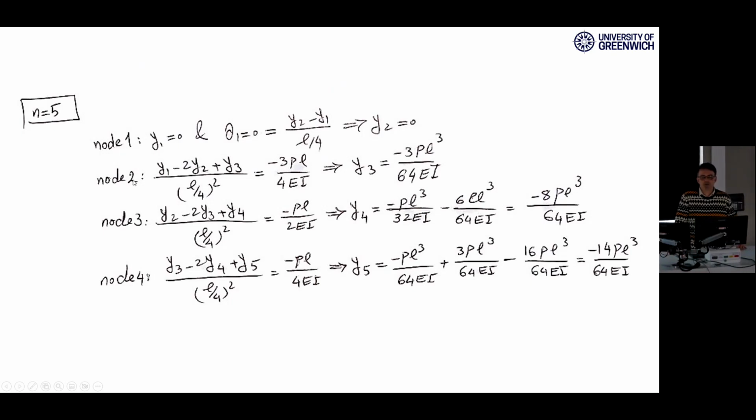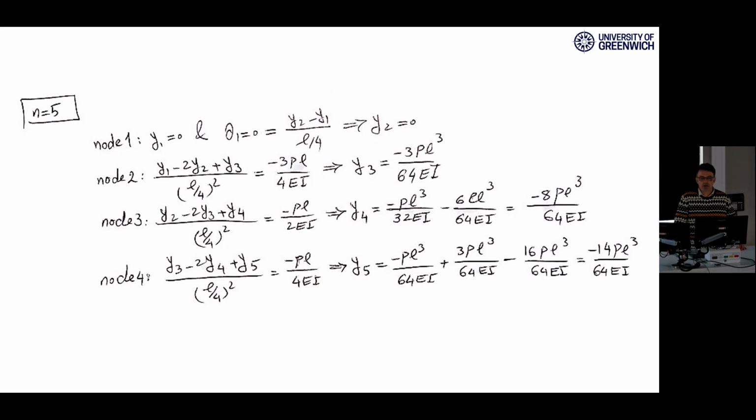We go to node 2. Again, I write the formula, which comes from the internal moment. I have y1, y2, y3. For the next point, I have y2, y3, y4. Then y3, y4, y5.